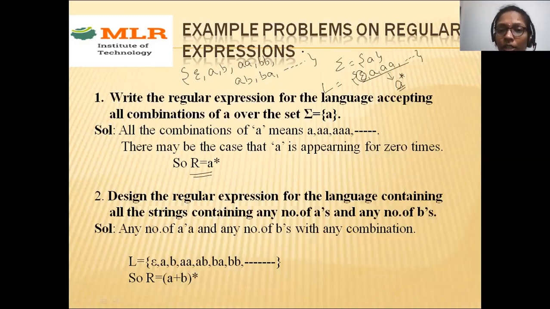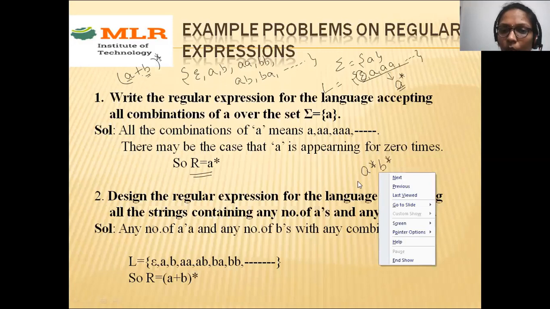They mentioned A's and B's, so you can take any combination of A's and B's. That means you can take A or B, any number of times. For example, if it were any number of A's followed by any number of B's, I should write A star B star, that means A's followed by B's.